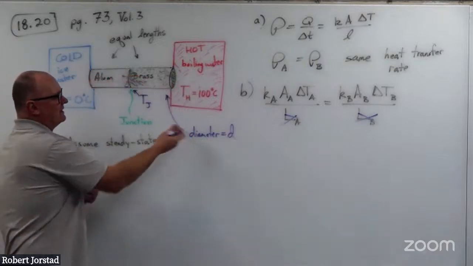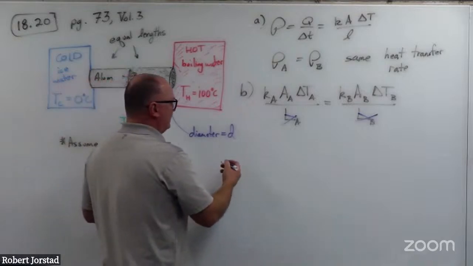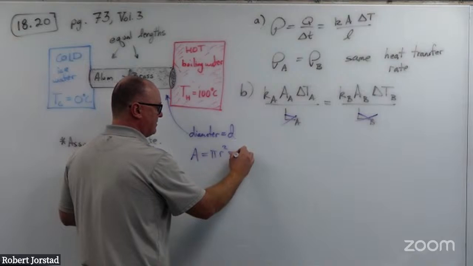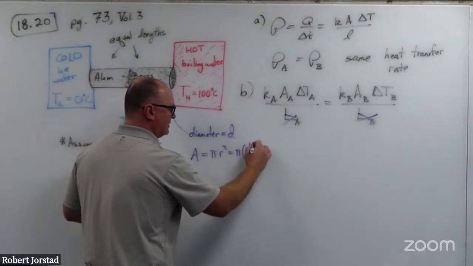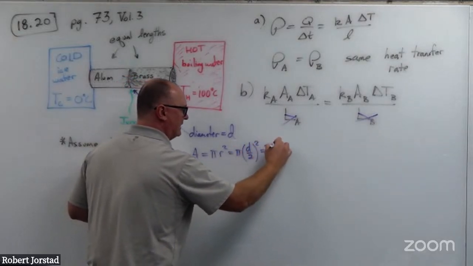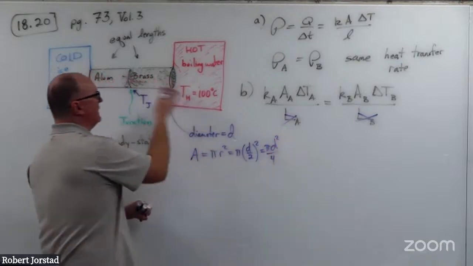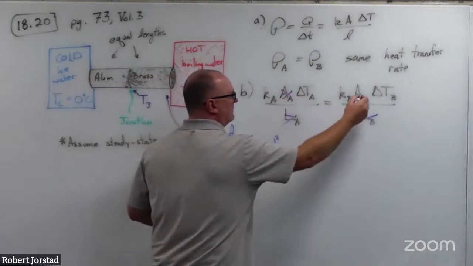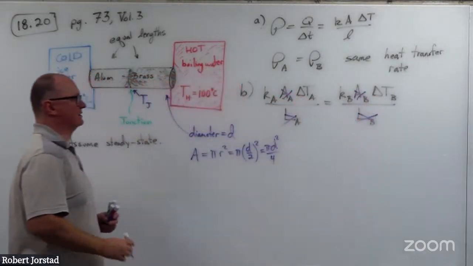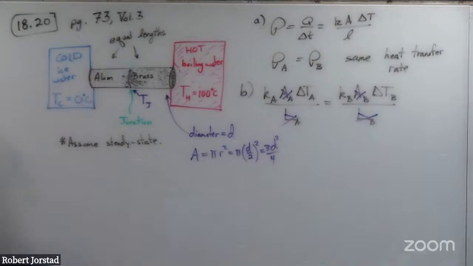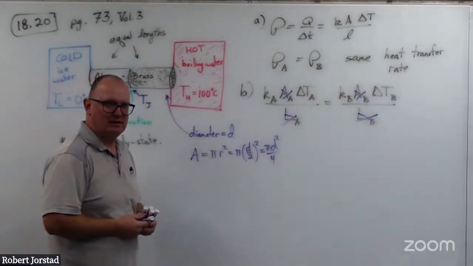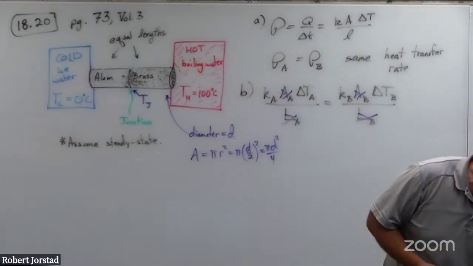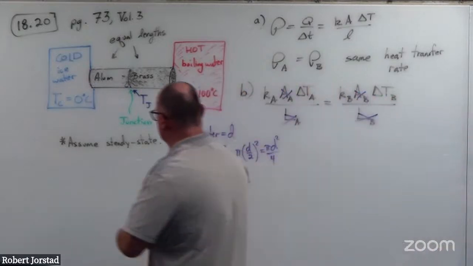But we don't even need to know that either for this part of the problem. If they have the same diameter, remember the area is pi r squared, which is pi diameter over 2 quantity squared, which is pi diameter squared over 4, and they both have that area. So that's going to drop out. And now, do they have the same temperature difference? No. If we look up the values for k aluminum and k brass, aluminum is 220.